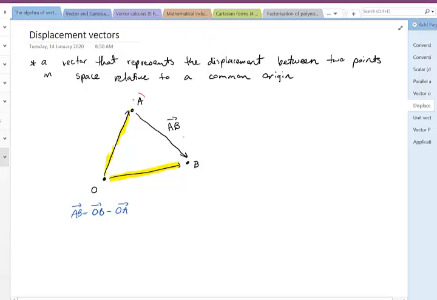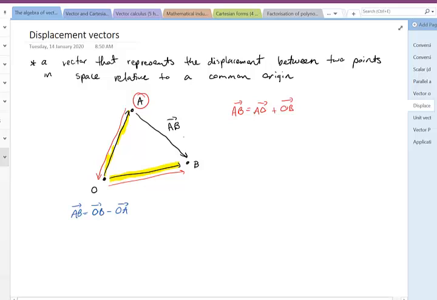If we're starting here at A and we're trying to get to B, then we first travel this path from A to O. So we're saying that AB is equal to AO, and then from O we travel from O to B. So OB.